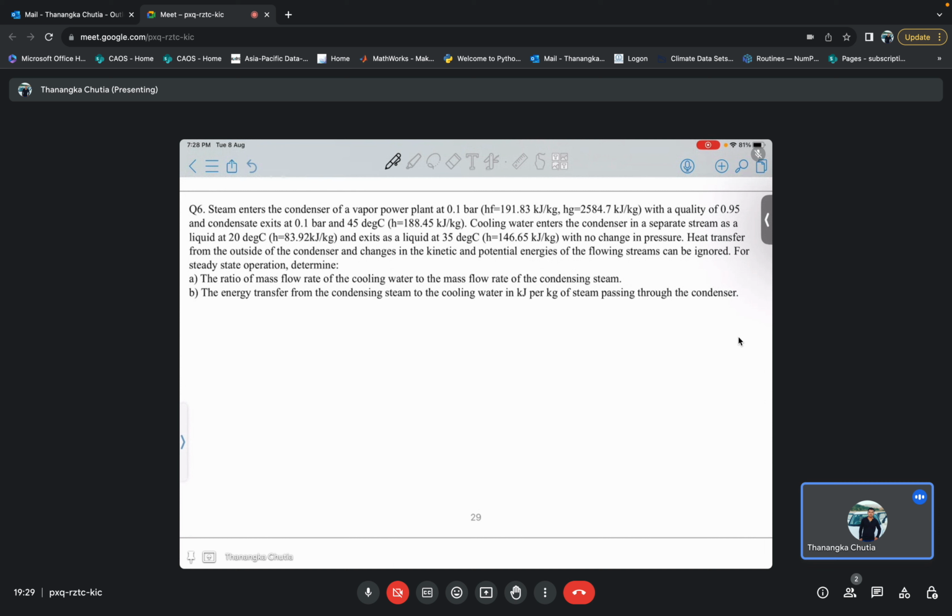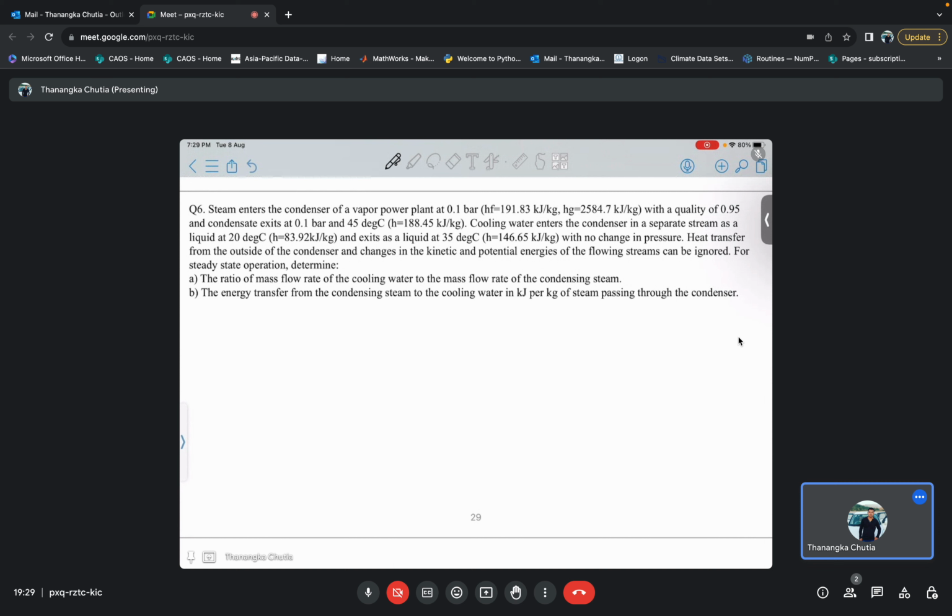The cooling water enters the condenser in a separate stream as liquid at 20 degrees Celsius, and exits at 35 degrees Celsius with no change in pressure. Now heat transfer from outside the condenser and changes in the kinetic and potential energy of the flowing streams can be ignored. For steady state operation, first of all you have to determine the ratio of the mass flow rate of the cooling water to the mass flow rate of the condensing steam.